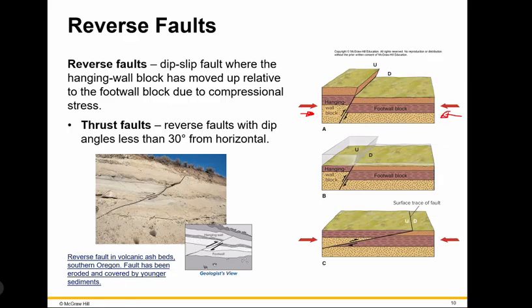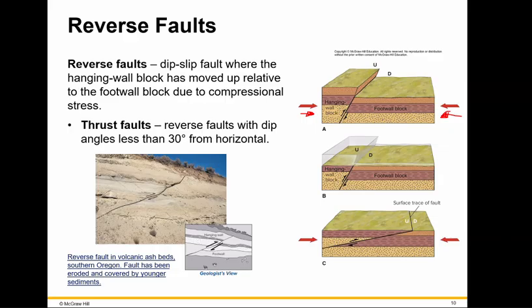In a normal fault, the hanging wall is going downwards, while in a reverse fault, the hanging wall is going upwards. Good. So you can see that the hanging wall has been displaced up relative to the footwall. That is a reverse fault.